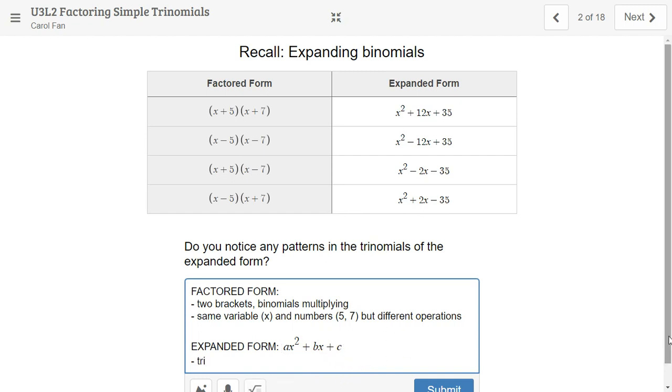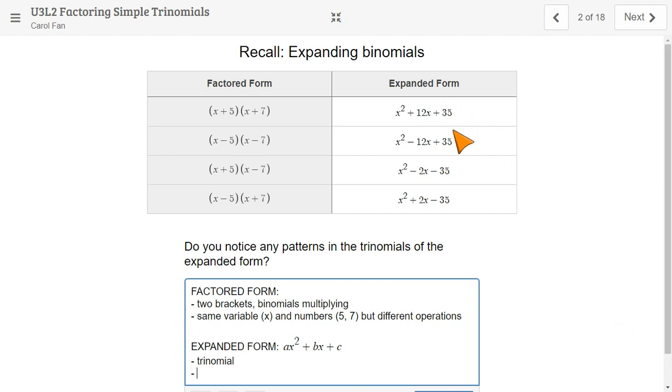Expanded form is a trinomial, and also you notice that the c term is all the same. B terms, two of them are the same, and the a term is also the same.